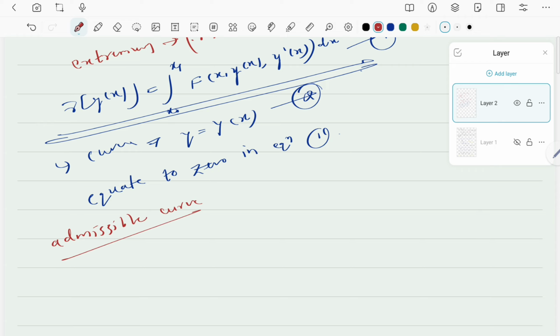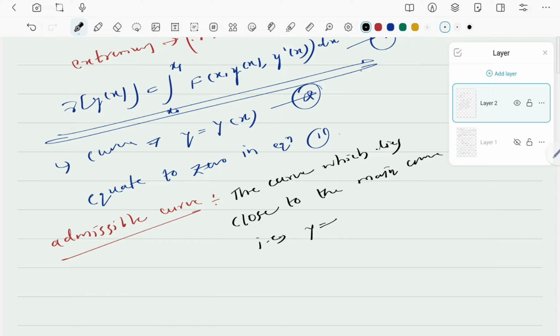What is an admissible curve? An admissible curve is the curve which lies close to the main curve, that is y is equal to y of x.